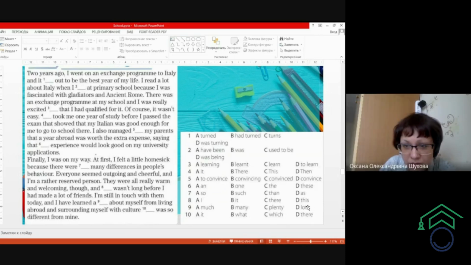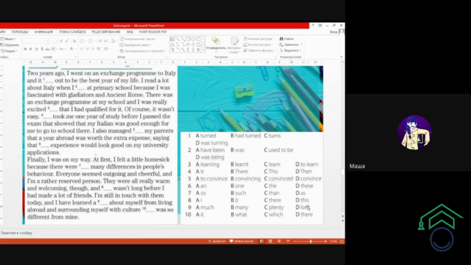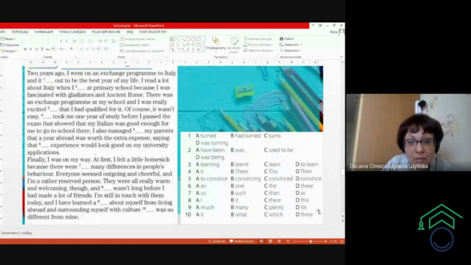Okay, and what about variant D? I think it is generally used when we don't have a noun that the verb applies to. Okay, actually the explanation is very simple. So it wasn't long before, it's just a set phrase, so it must be remembered. It means that there was only a short time before something else happened. Тобто це просто сталий вираз.